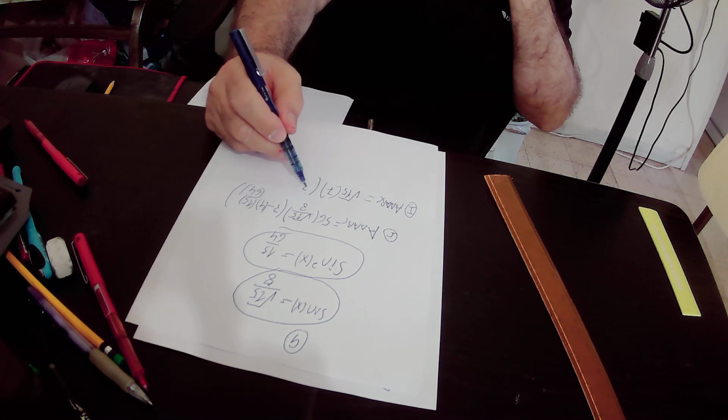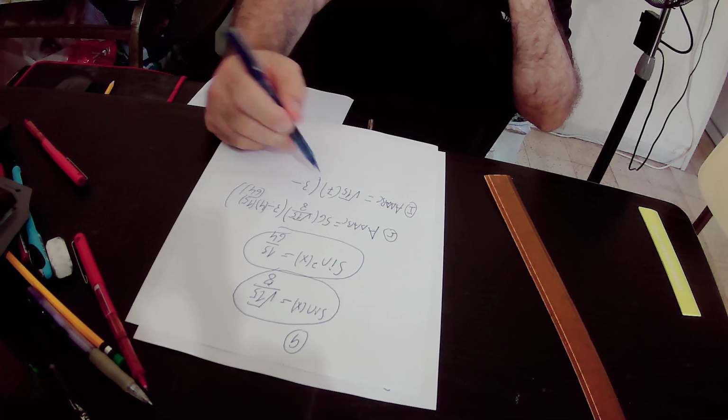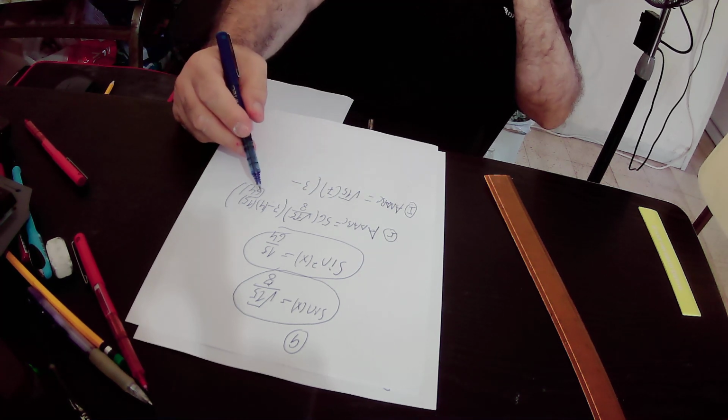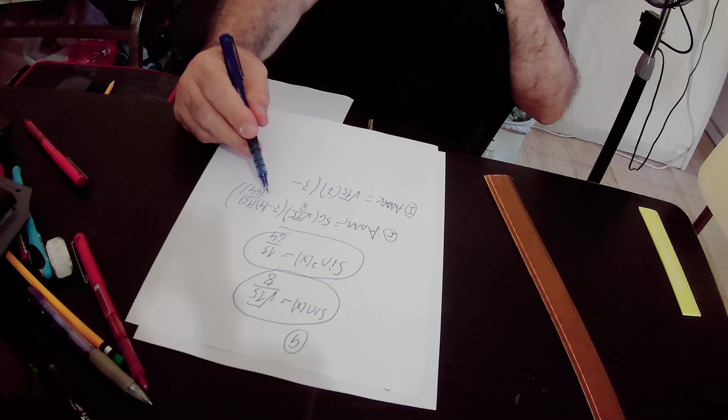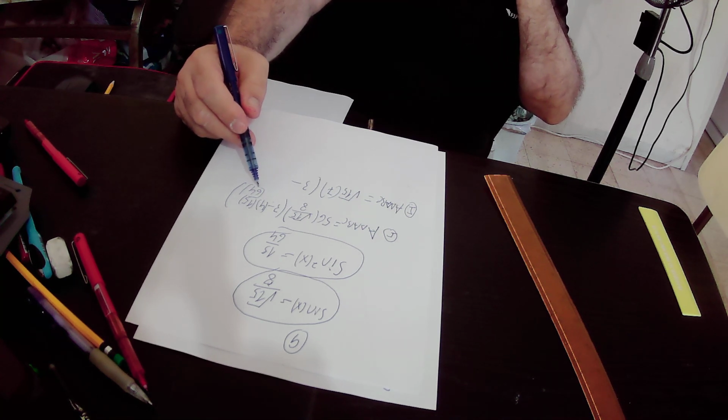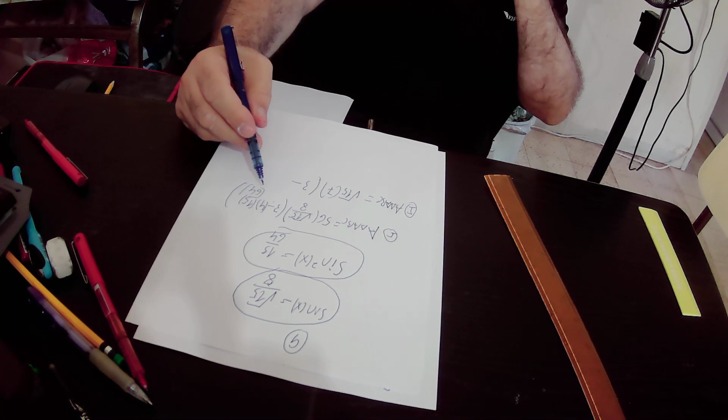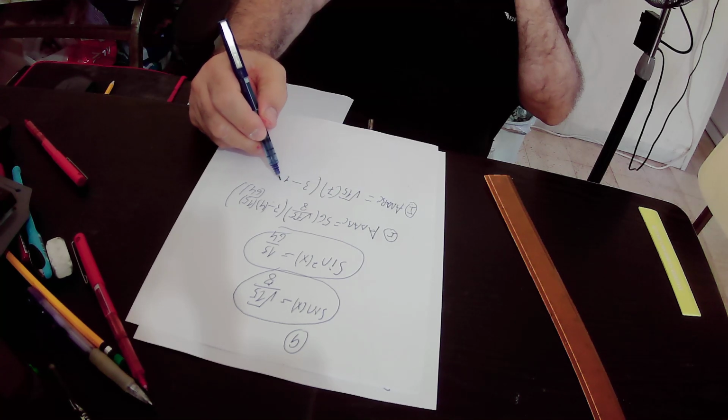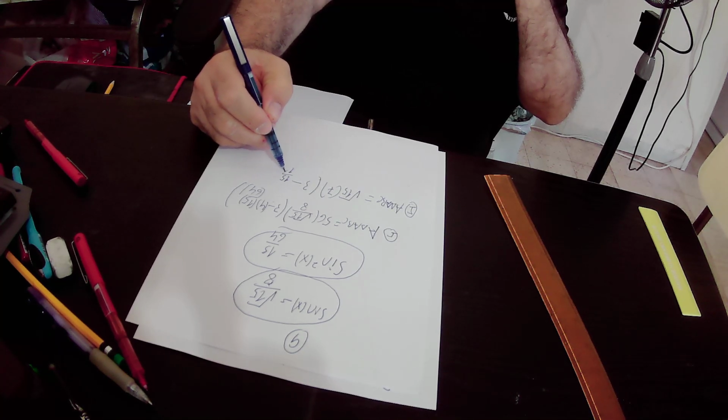Here we have 3 minus, and 4 is cancelled and 64 over 4 is 16, so it is actually 15 over 16.